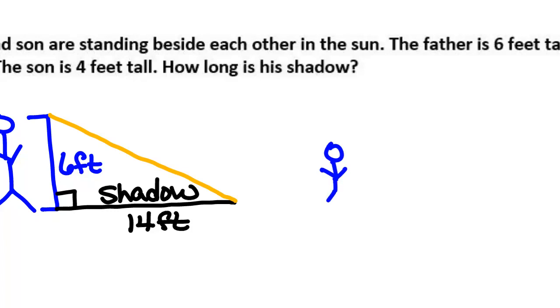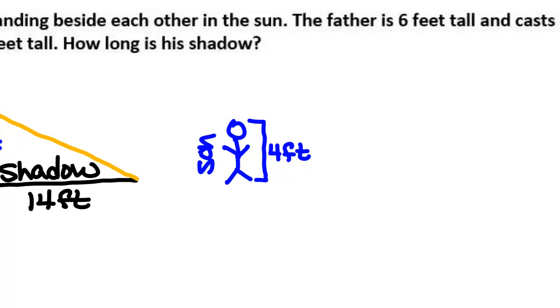And then we have the sun. What do we know about the sun? Not the sun in the sky, but the father's son. He's 4 feet tall. How long's his shadow? We don't know.